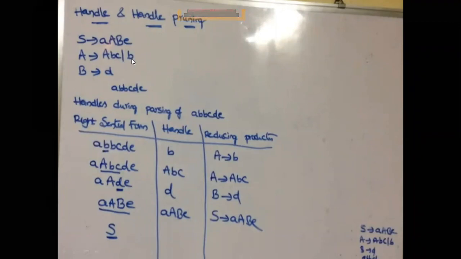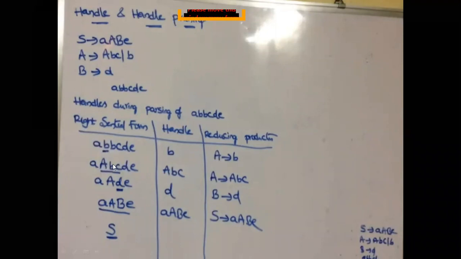Yes, we have the production with small b. So b is taken as a substring. That means handle, and this b is replaced with the left side non-terminal, that is capital A. So capital A is production with small b, and we are replacing this small b with capital A.